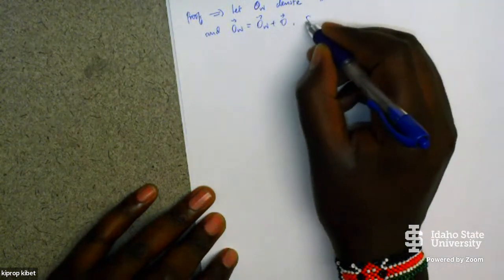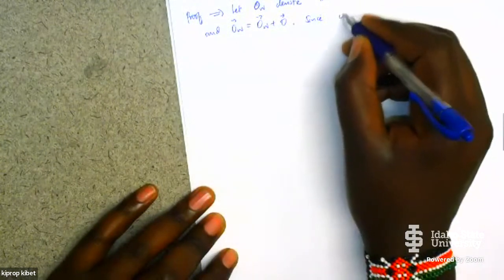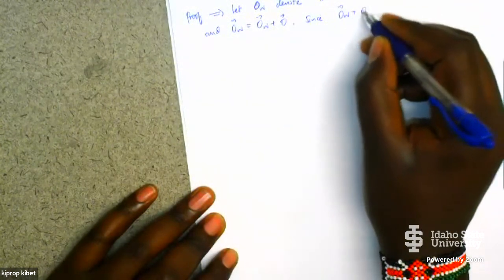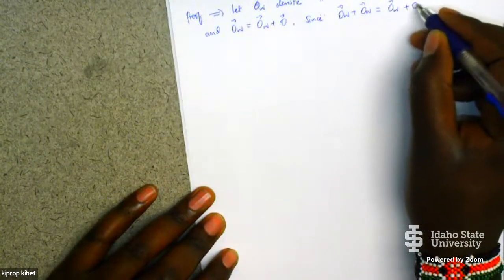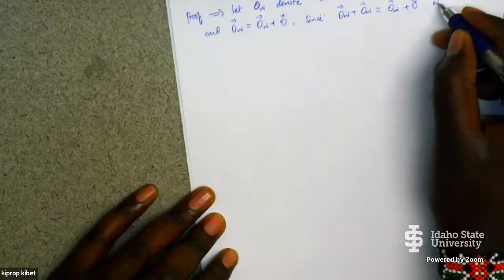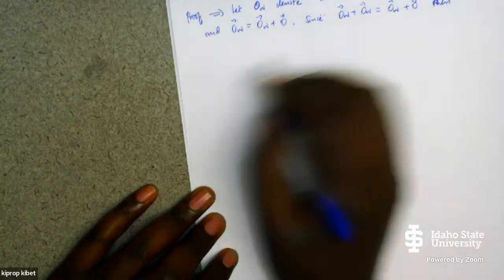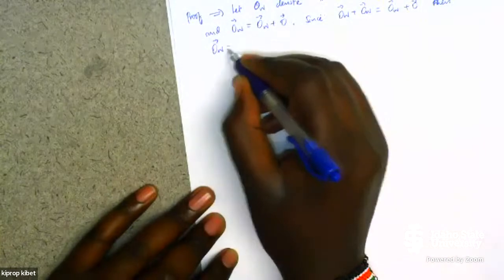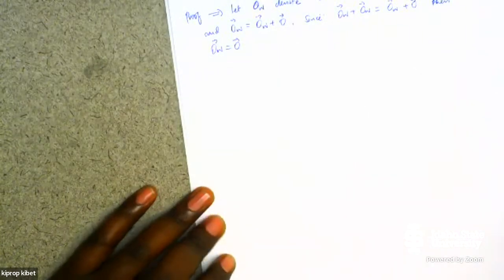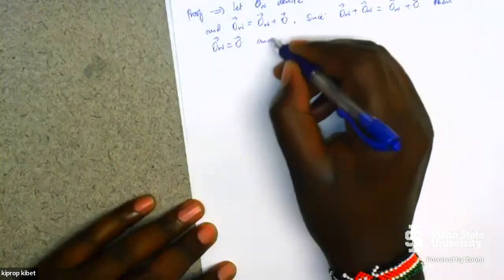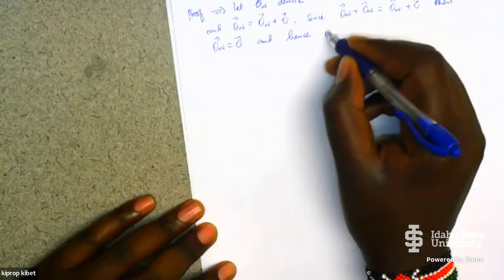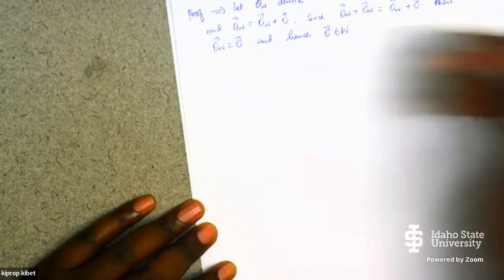Now, since 0_W plus 0_W is equal to 0_W plus 0, then 0_W is equal to 0. And hence 0 is an element of W.